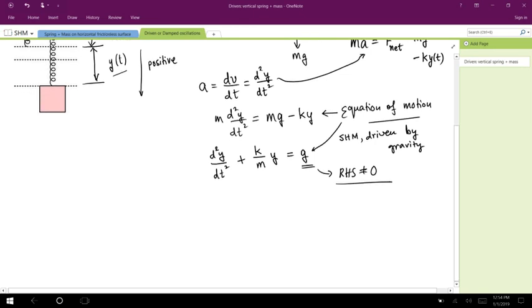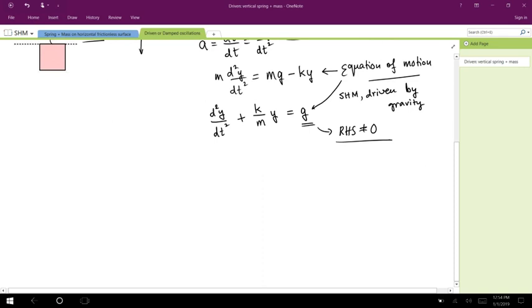How are we going to solve this differential equation? Remember, our main goal is to find y as a function of t. That's the goal. So if we want to find y as a function of t, we have to solve this equation. And let's start by doing what we did last time.